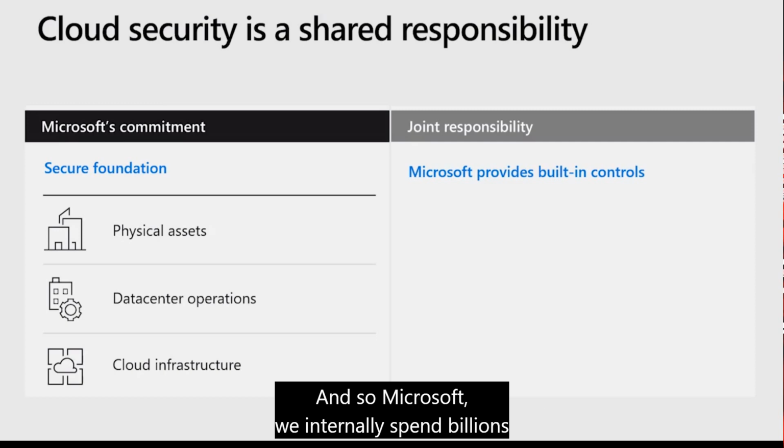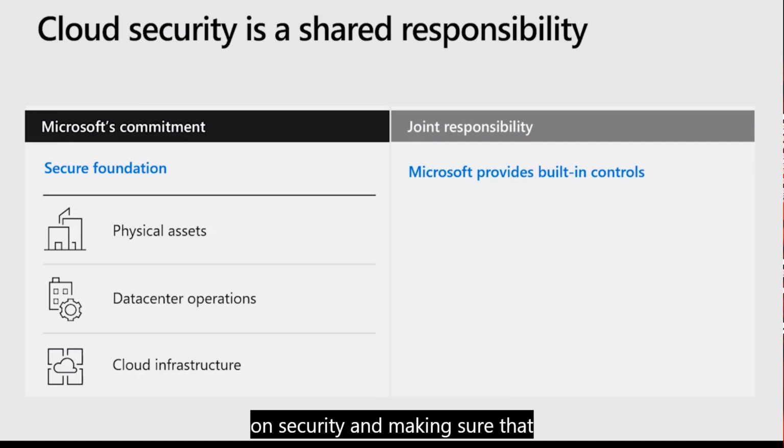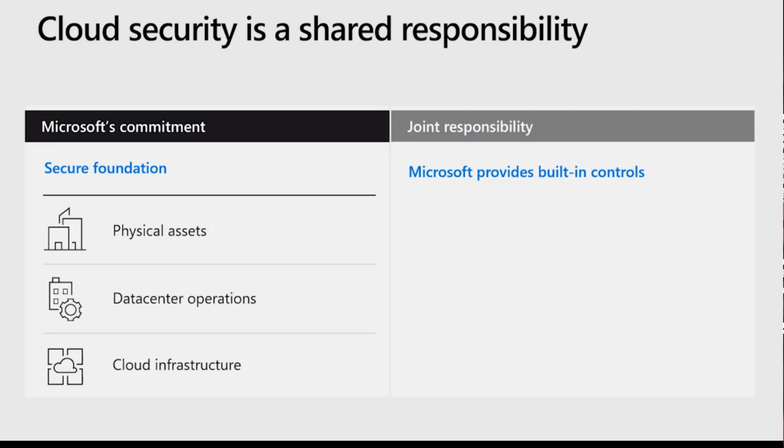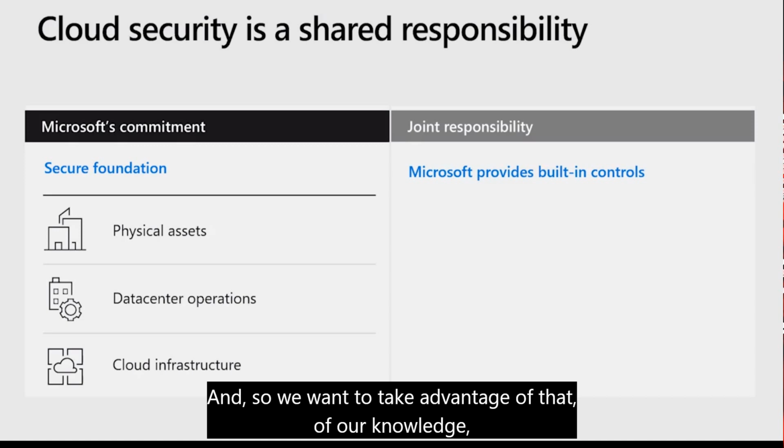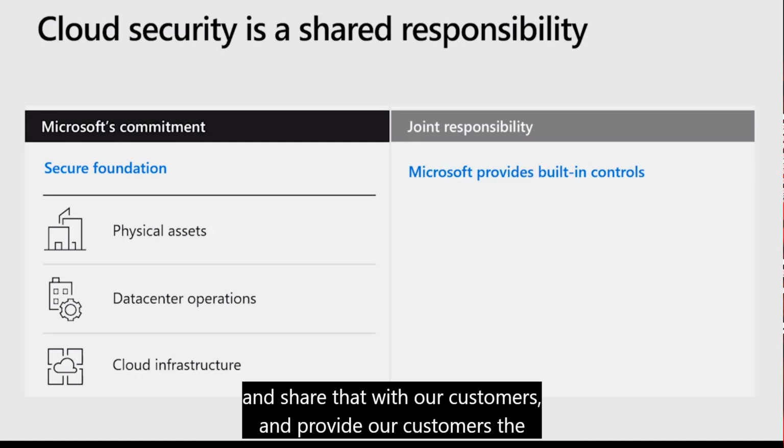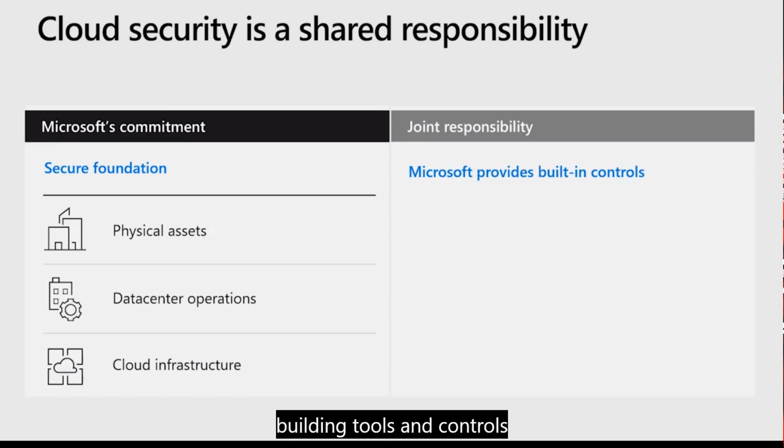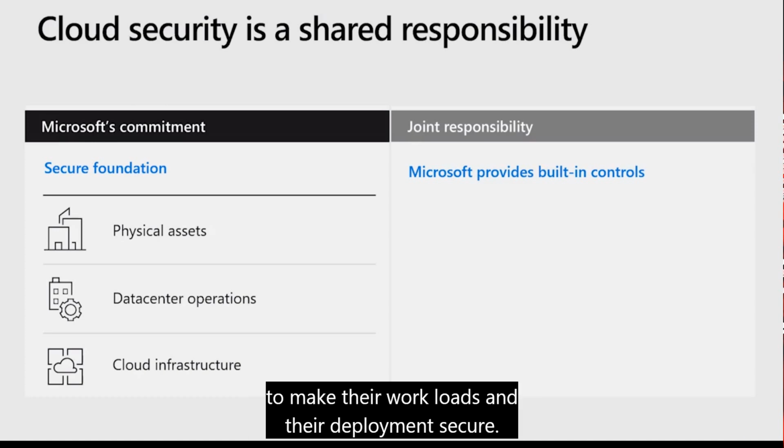And so Microsoft, we internally spend billions on security and making sure that our assets are secure, but also our customer assets are secure. And so we want to take advantage of our knowledge, and share that with our customers and provide our customers the built-in tools and controls to make their workloads and their deployments secure.